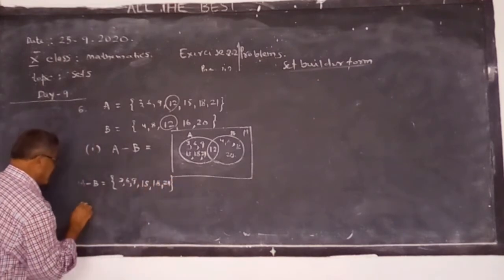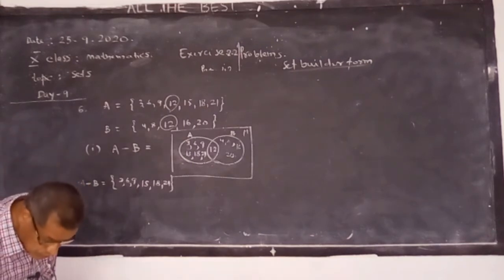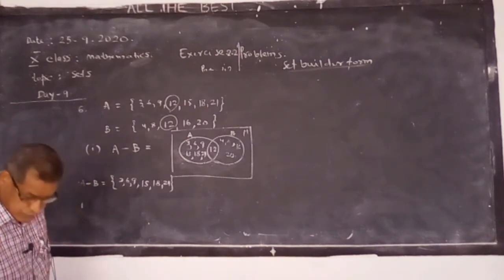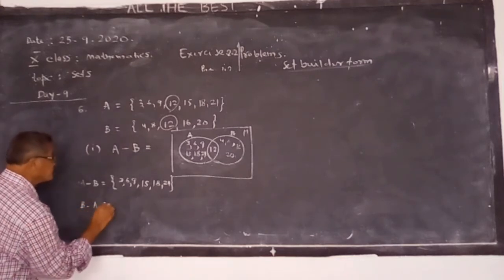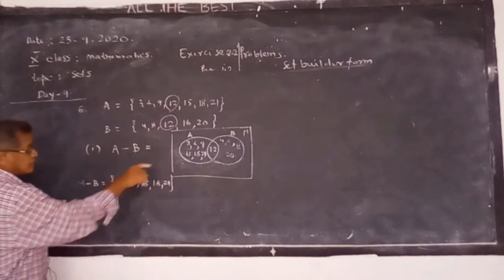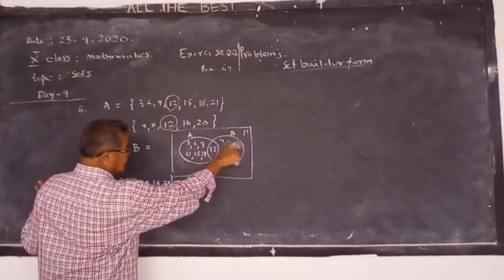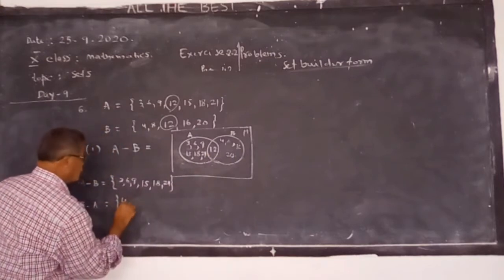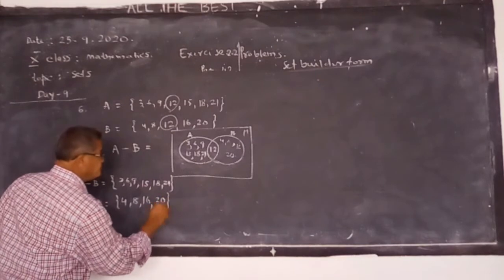And B minus A we can also find. B minus A means the remaining elements of B. After removing the common element 12, you write the remaining elements 4, 8, 16, 20.